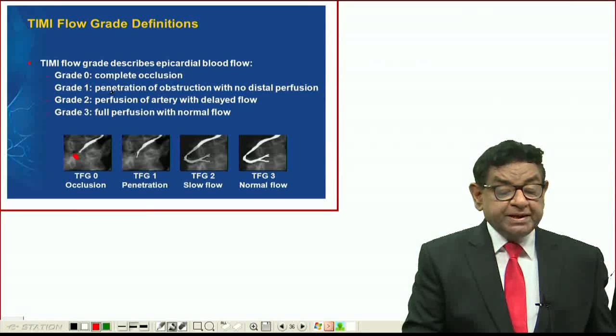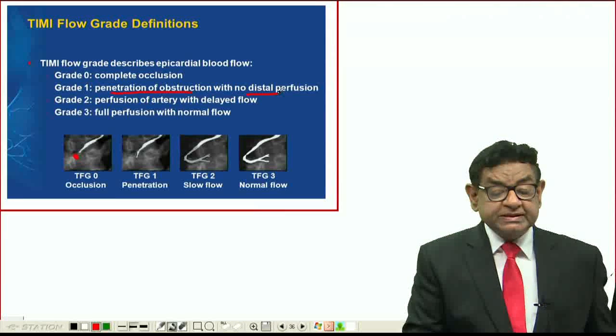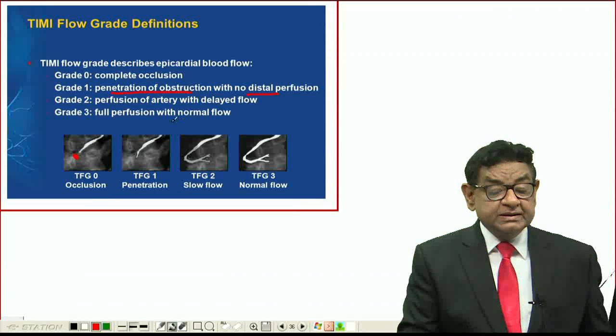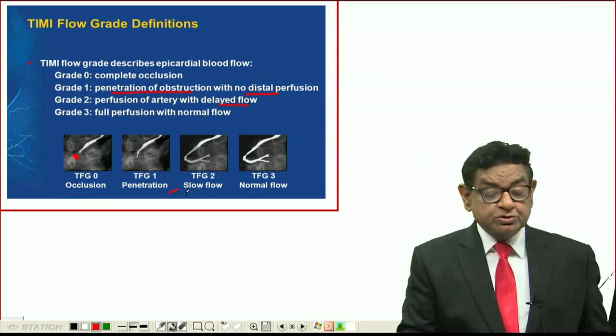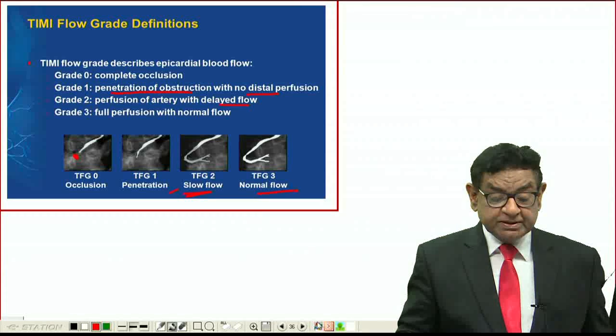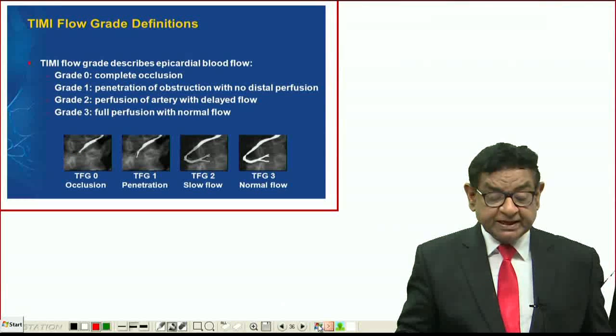In 1, there is penetration of obstruction with no distal perfusion. This is 1. Perfusion with slight delay, we call 2, slow flow. And normal flow is 3. So this tells us how much obstruction is there.